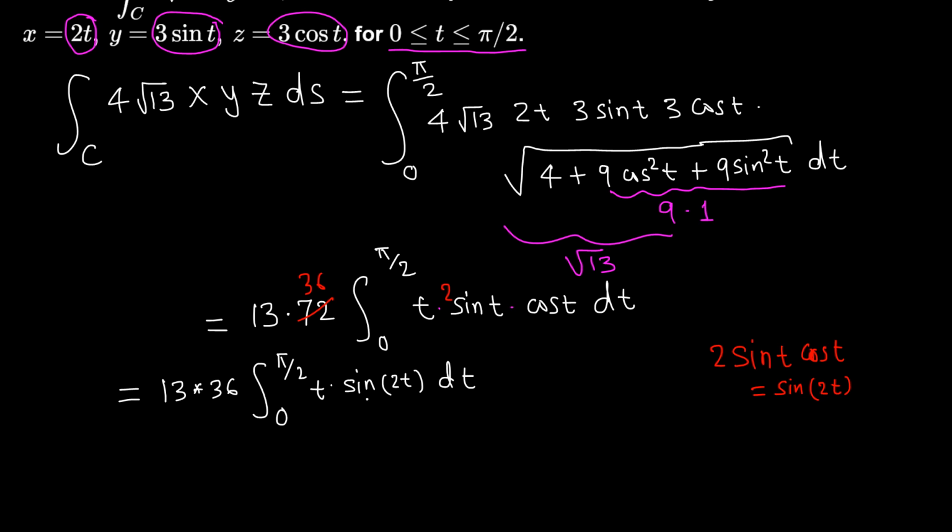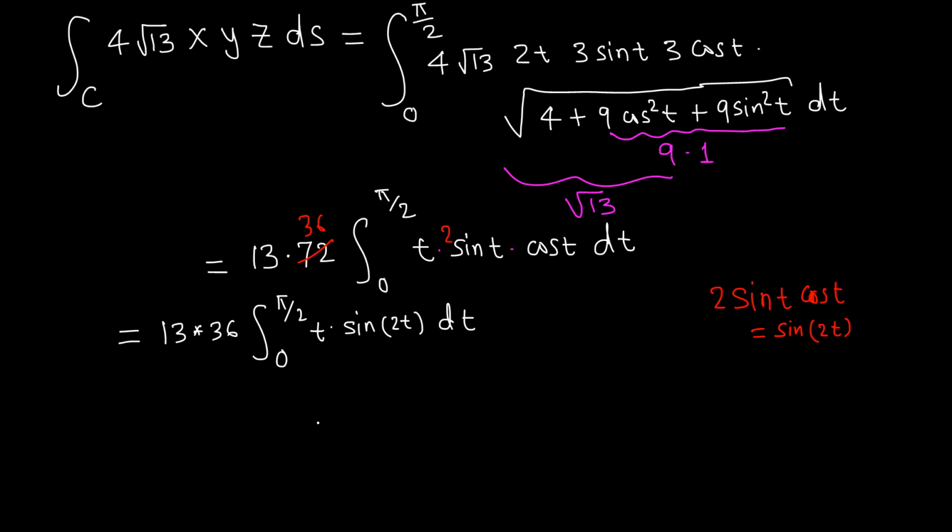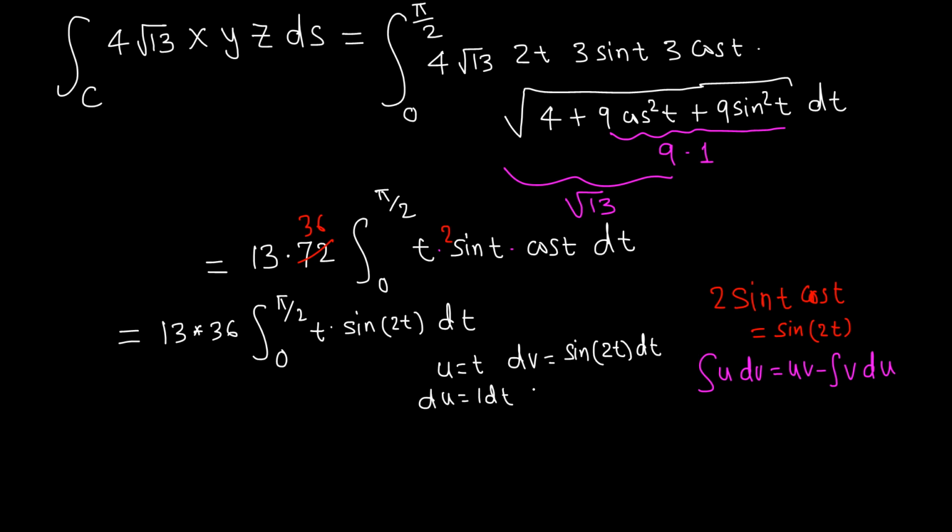Now we got a product of 2 functions, and we can apply the method of integration by parts. When we have u times dv, that's uv minus integral of v du. So u is t, and dv is the remaining, sine 2t dt. Derivative is 1, antiderivative is negative cosine 2t divided by 2.